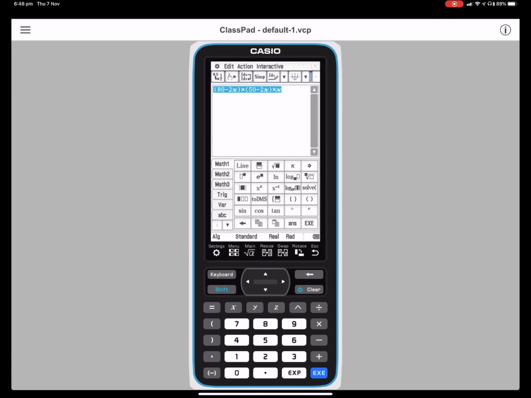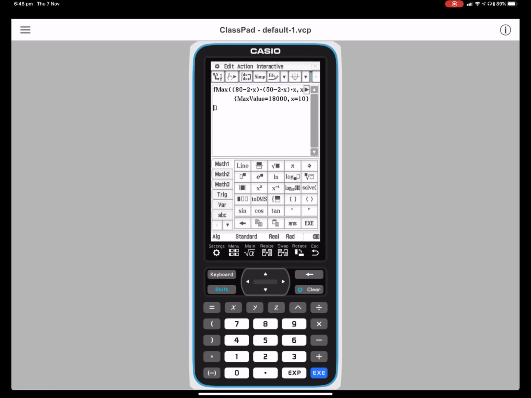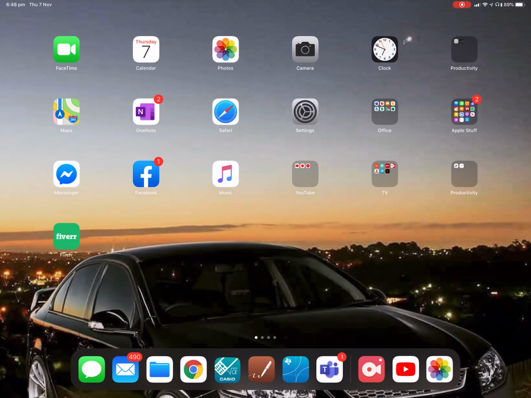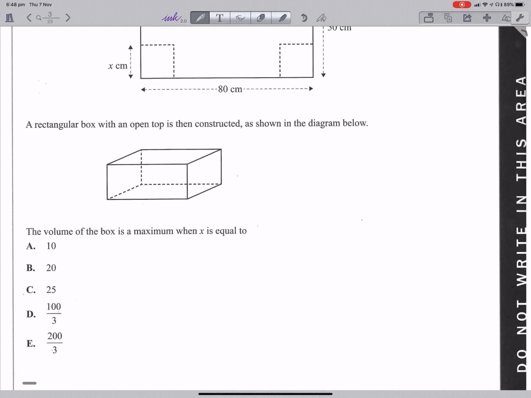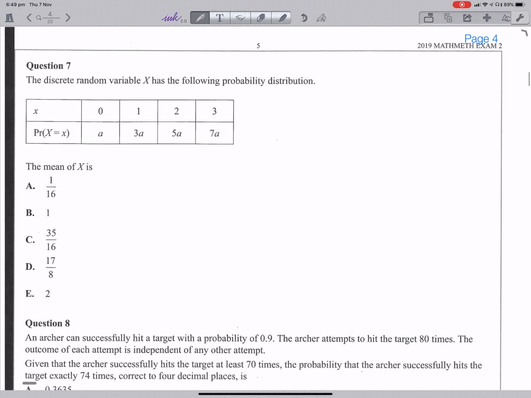My x values have to be between 0 and 25. Calculation, f max, 0 to 25, 1800 when x equals 10. The volume of the box is a maximum when x equals 10.